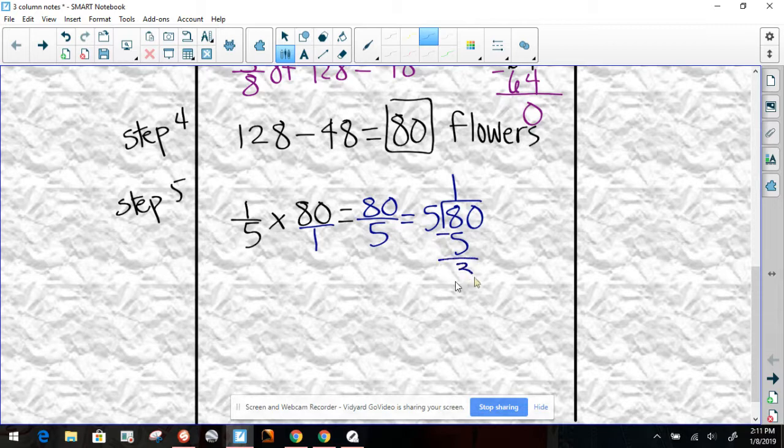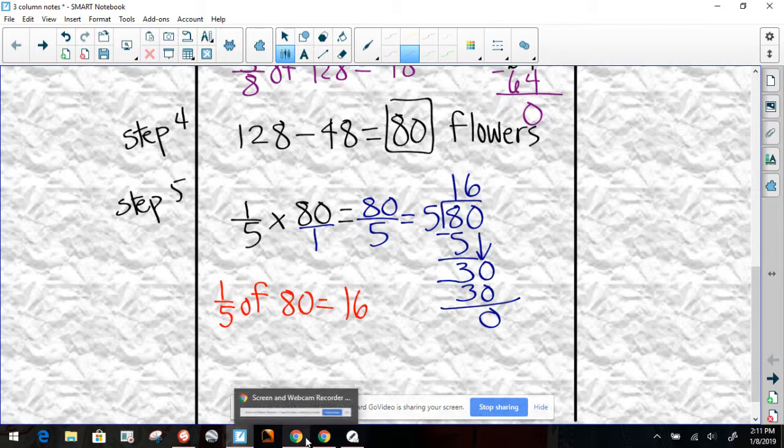We got a 3. Bring the 0 down, and you see how many 5s go into 30, and that is 6. 6 times 5 equals 30. The remainder is 0. So let's rewrite that the way it should be written. Now we know that 1/5 of 80 equals 16.